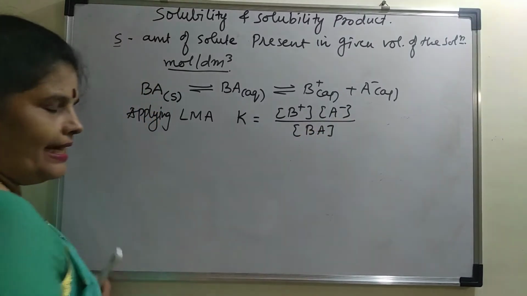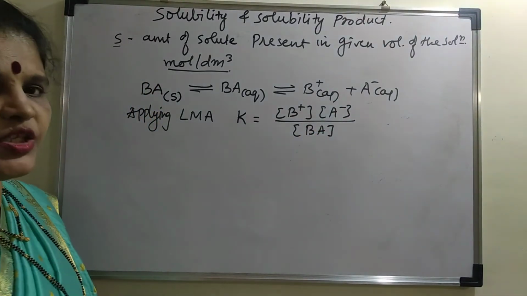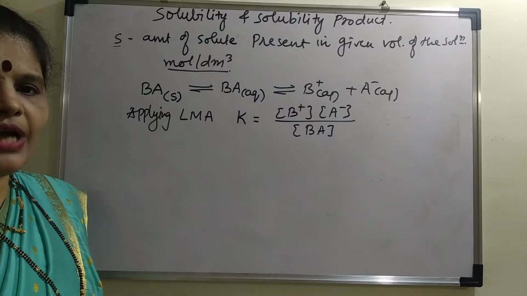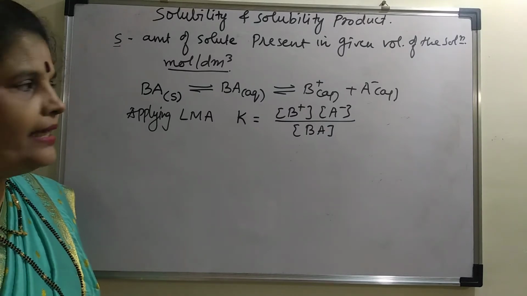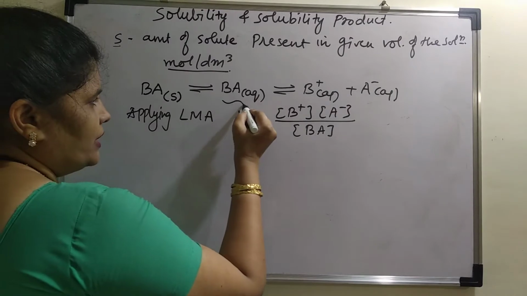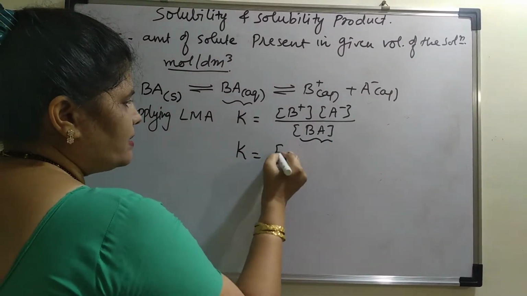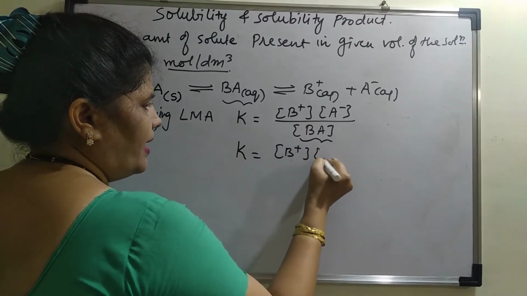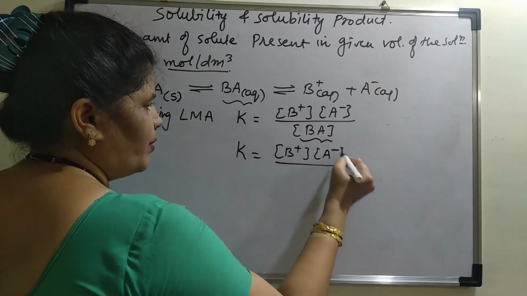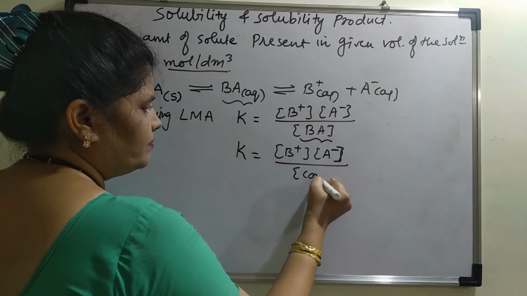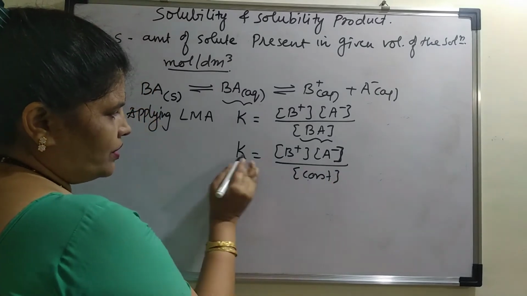Now as I said that it is a sparingly soluble salt which hardly goes in the solvent. So what will be the concentration? This will nearly remain constant. So what you will get? B plus A minus upon constant. I will take this constant to this side.